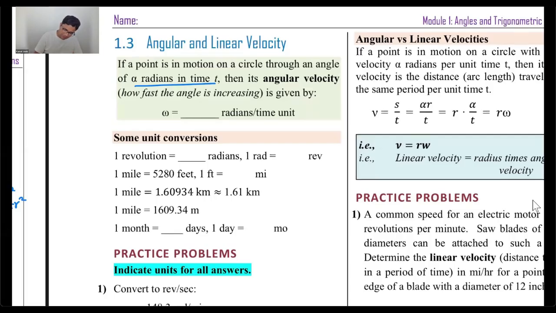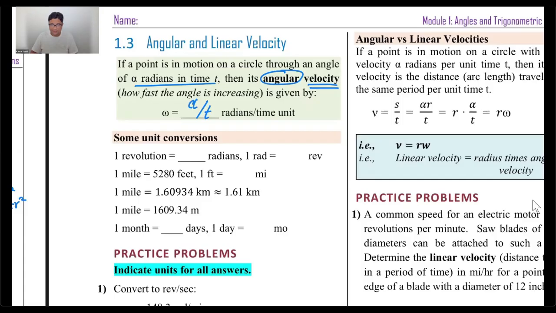Then the angular velocity. Okay. The angular velocity of that object is given by, it is covering angle alpha in time t, right? So alpha divided by t, radians per unit time. Maybe I should write that alpha a little better.